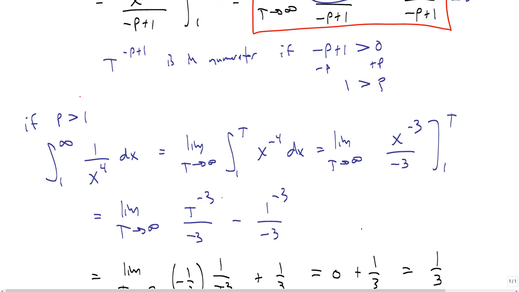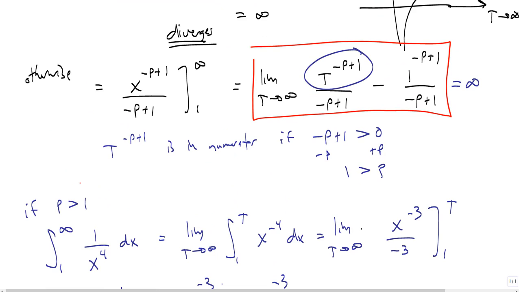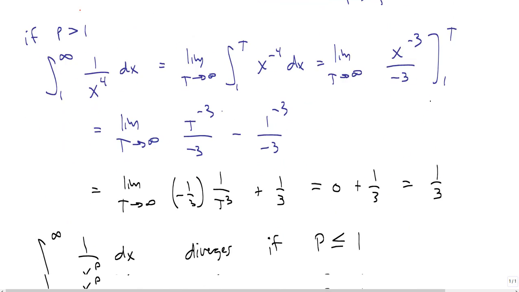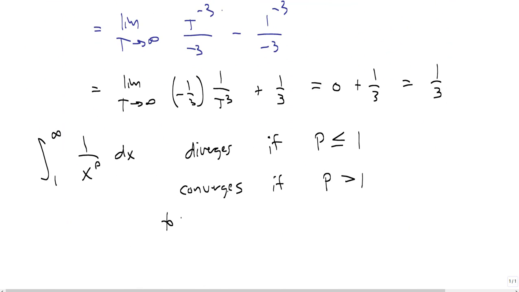We can even figure out what it's going to be. If p is greater than 1, then the negative p plus 1 is a negative exponent, it comes down to the denominator, and this whole thing goes to 0. Then we have just the other term, and distributing the negative down here, it becomes p minus 1. It converges to 1 over p minus 1.